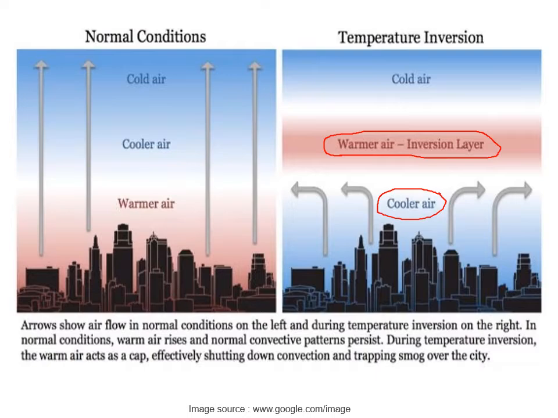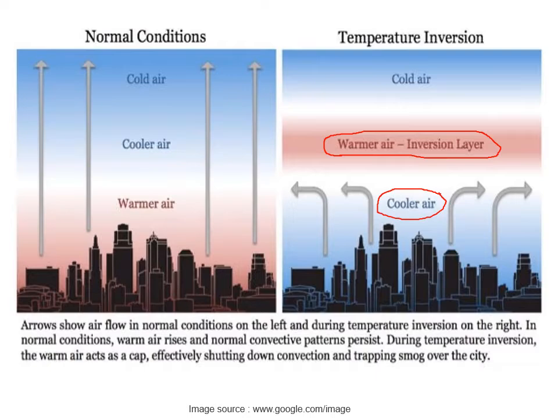And that is why a lot of smog or fog is found over the city during winter time, because this cool water vapor becomes slightly warmer and becomes smog or fog over the city.